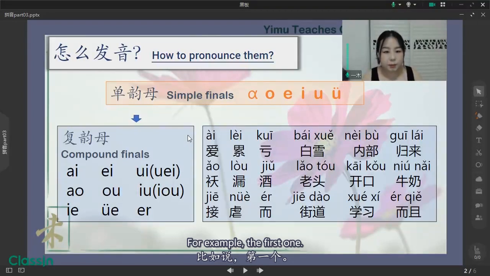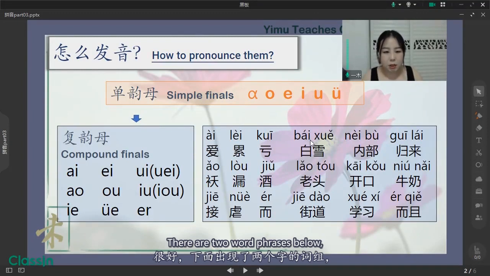For example, the first one, ai. Okay, next. Lái. Kuí.